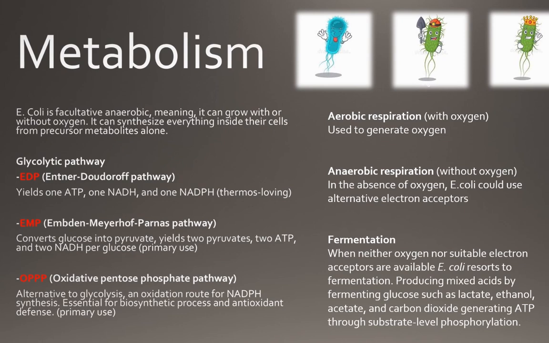E. coli is facultative and aerobic, meaning it can grow with or without the presence of oxygen through anaerobic respiration or fermentation. It can synthesize everything inside its cells from precursor metabolites alone.